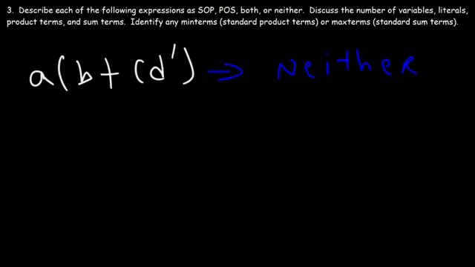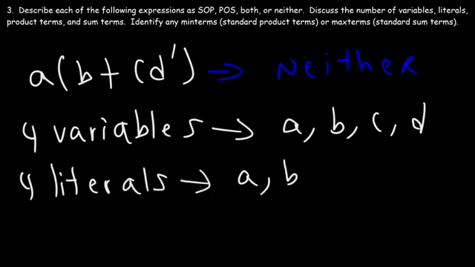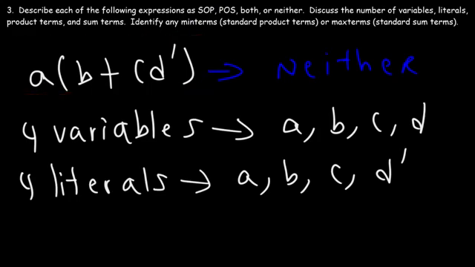It's neither a sum of products or a product of sums expression. Now, this expression has 4 variables: A, B, C, and D, and it has 4 literals: A, B, C, and D prime. And that's all we can say about this expression. So this is an example of an expression that is neither SOP or POS.